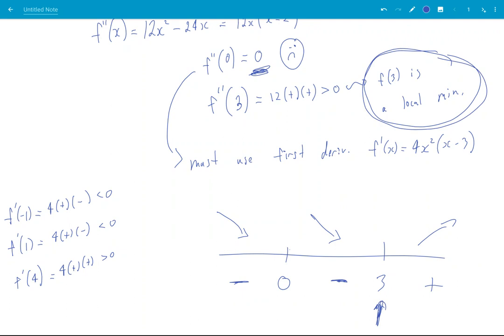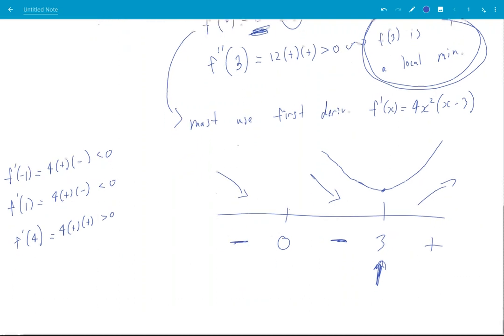It is a min, it's decreasing, decreasing, and then there's my min, something like that. But at 0, I can see it's neither a max nor a min, because it's decreasing before and decreasing afterwards.